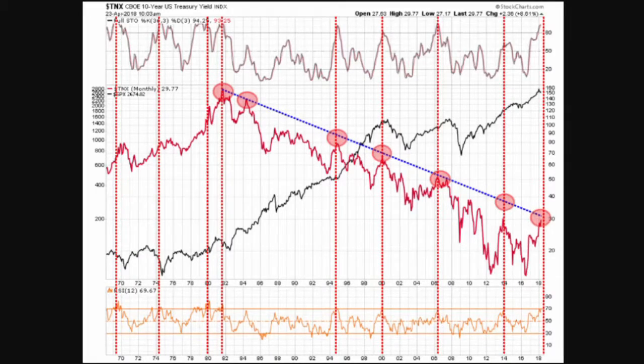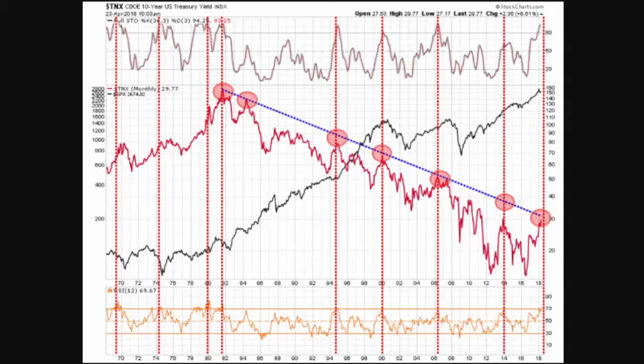Something that should be of little surprise to anyone and any of my followers is the relationship between interest rates and equities. We've talked about this multiple times. When interest rates rise, particularly sharply, it negatively impacts the cost of borrowing, the valuation of capital expenditures from the return on investment, and consumption.